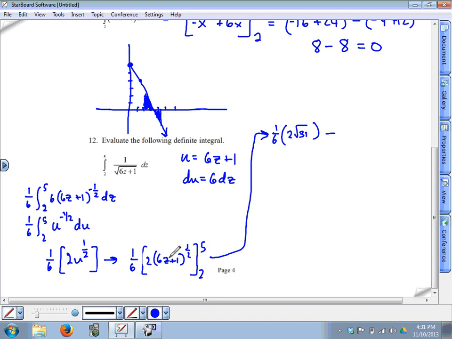Now we evaluate at 2, so 2 times 6 is 12 plus 1 is 13, so this is 2 times the square root of 13. Now if we distribute the 1/6, we're going to get square root of 31 over 3 minus square root of 13 over 3.